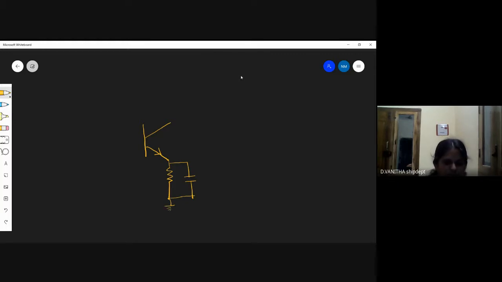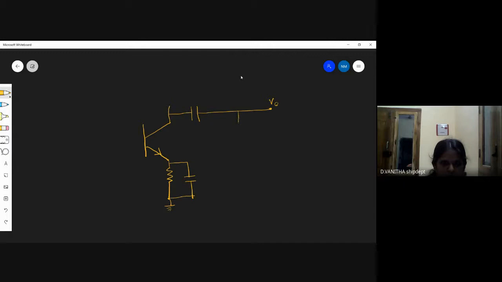From that collector end, it is connected to the capacitor. From that, the output is taken out. So this is the output.